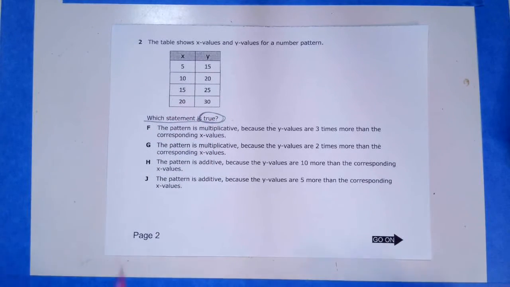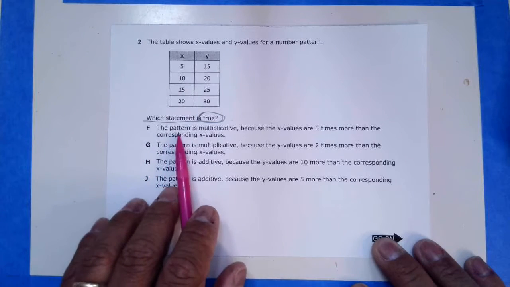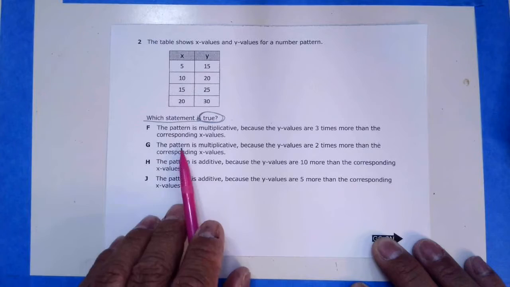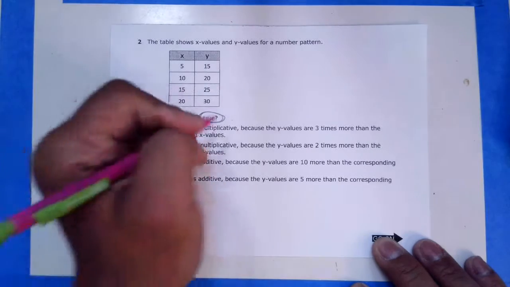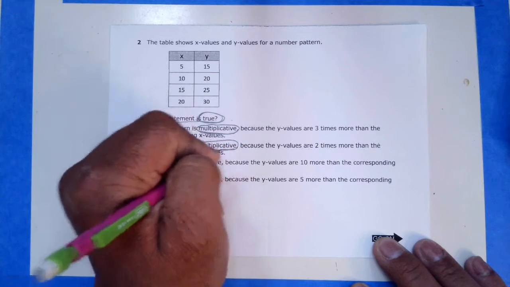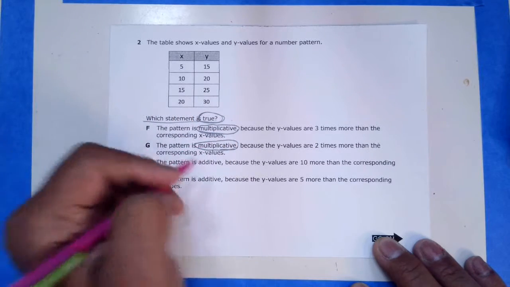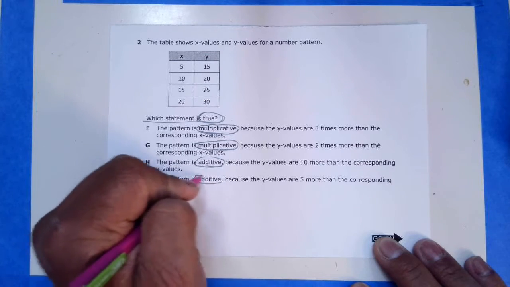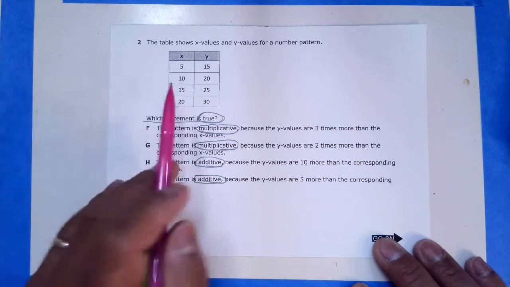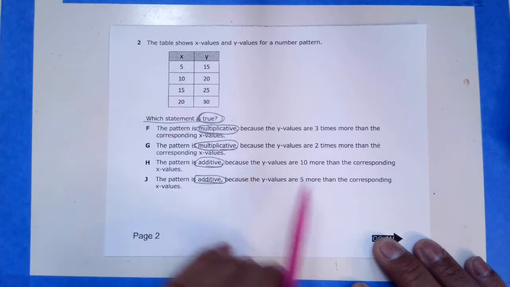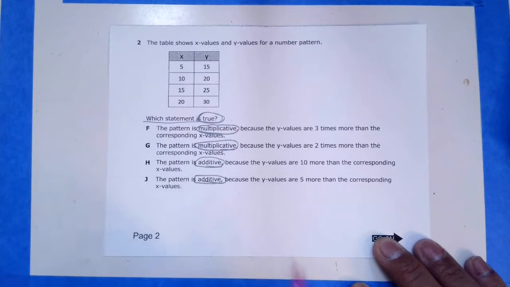From here, the pattern is multiplicative. So remember, right here, multiplicative and additive. This is when we were just wanting to know, how do you get from the x to the y? What is the pattern?